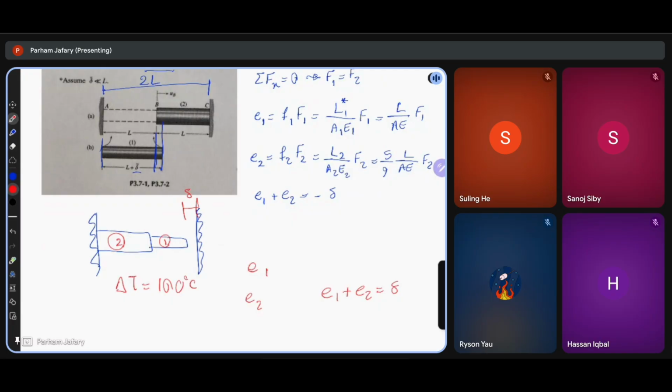Here, in our question, it's vice versa. They're being compressed, and the total amount of compression is equal to negative delta. Displacement, yeah. Deformation.